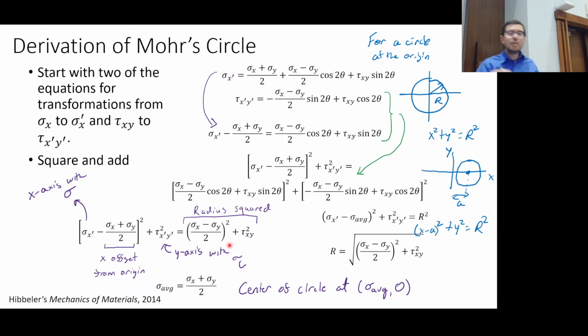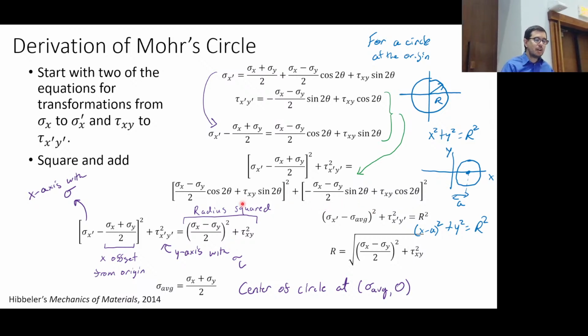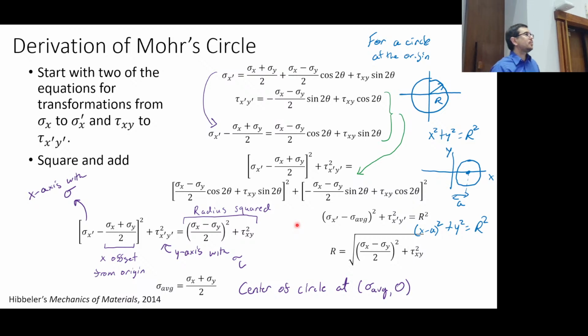Anyway, this was maybe a little pre-calculus that I skipped to get from this line down to this line, but if you want to take the time, you can. The center of the circle again is going to be at this x offset, the average, comma 0, and r squared is there.